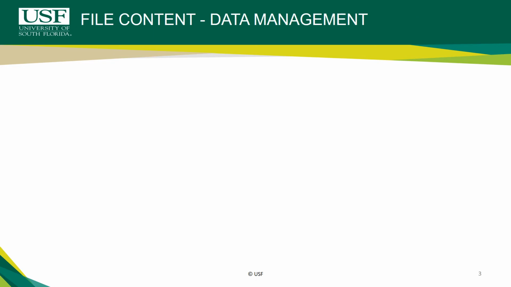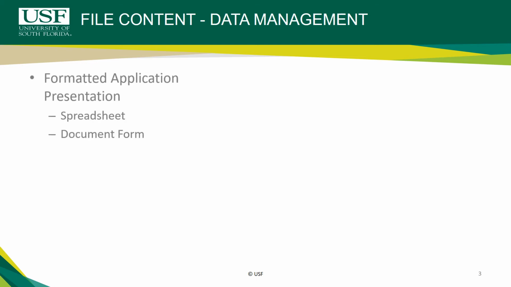So let's take a look here at file content. We're working not only with web pages, but we can be working with file content itself, working in spreadsheets, working in documents. How can we utilize our tool, our robotics process automation, to access data in a formatted presentation within an application, even more than the data within a web page?